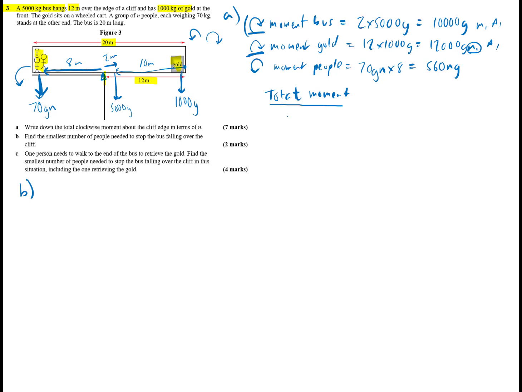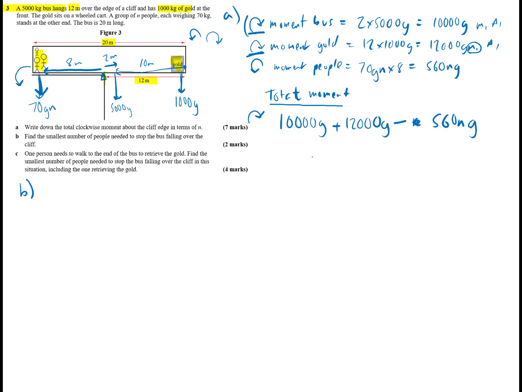So the total moment is going to be the bus, 10,000 g, and we're doing it all in a clockwise direction, plus the 12,000 g, that's the moment of the gold, minus the moment of the people, which is 560 ng.